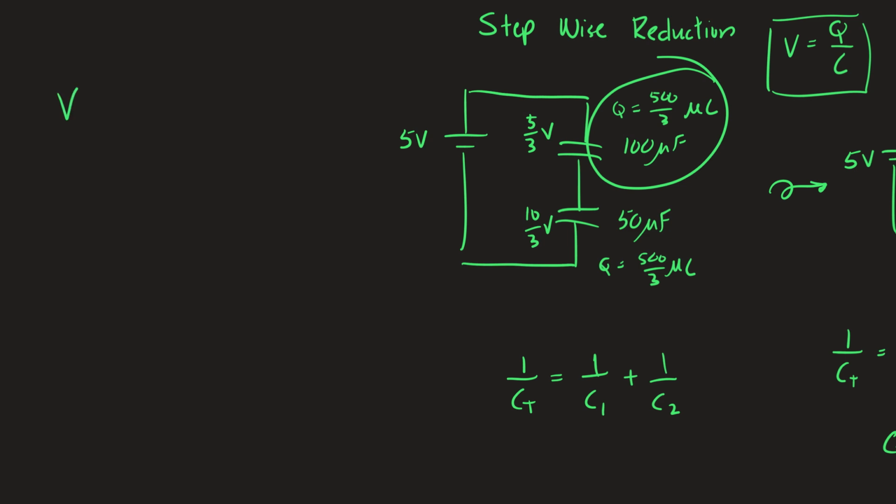The voltage across that capacitor had to be the total charge, 500 thirds microcoulombs, divided by the capacitance, 100 microfarads. And then I just did arithmetic. 500 divided by 100 gave me 5 thirds. And microcoulombs divided by microfarad has got to be volts.